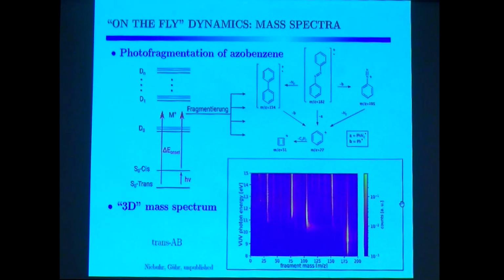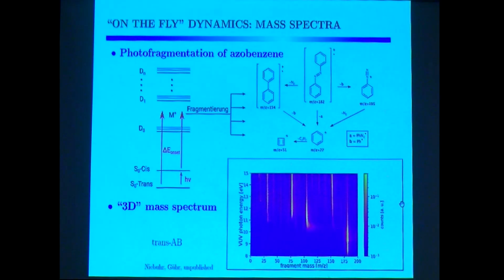And you can then get mass spectra, different fragments of the molecule, and these fragments also appear at different excitation energies. So in fact, one could also plot and measure three-dimensional mass spectra, which depend on excitation energy and the fragment.